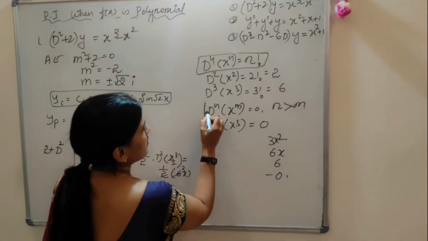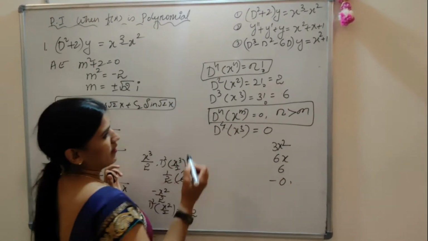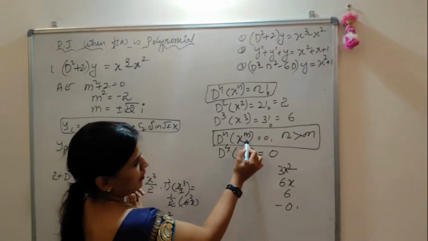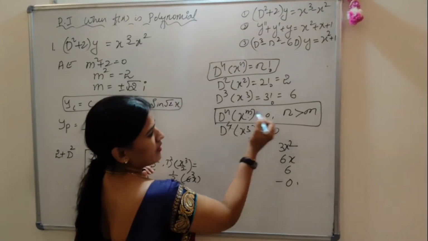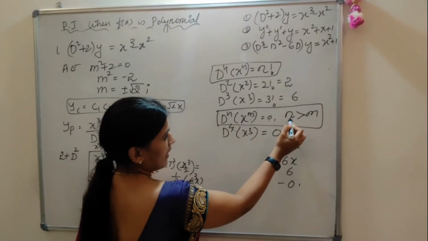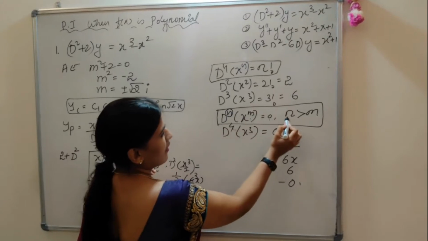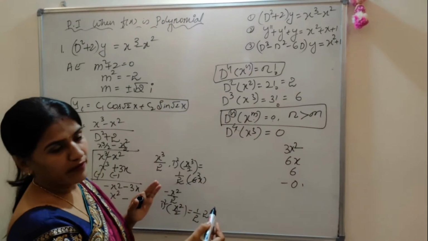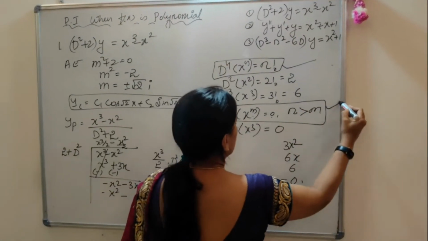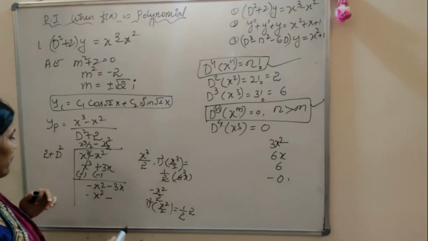This property is also important: the derivative is 0 when the derivative power is greater than the polynomial power. I will use these two while dividing, so note them down.